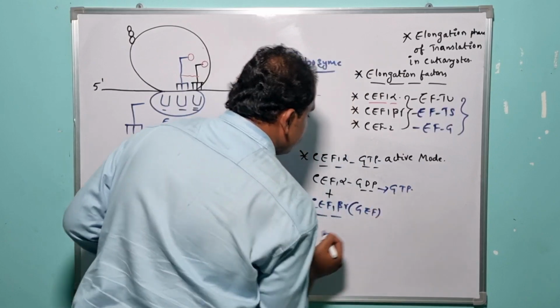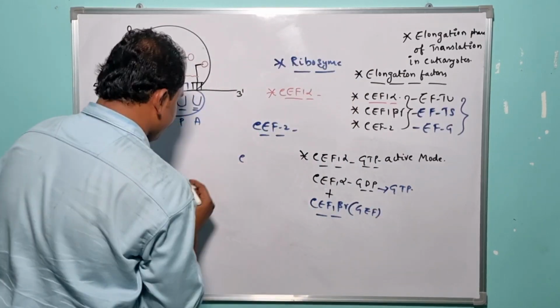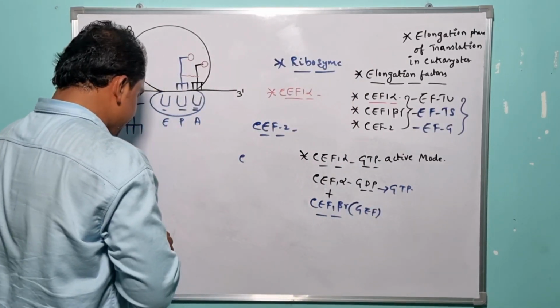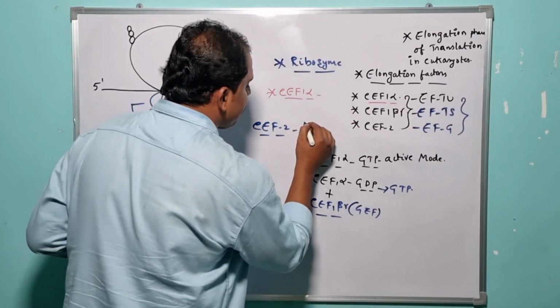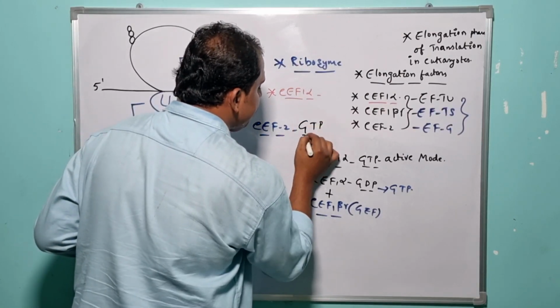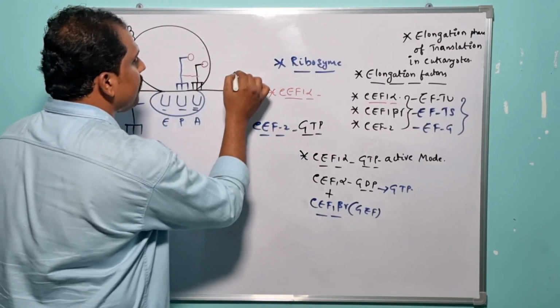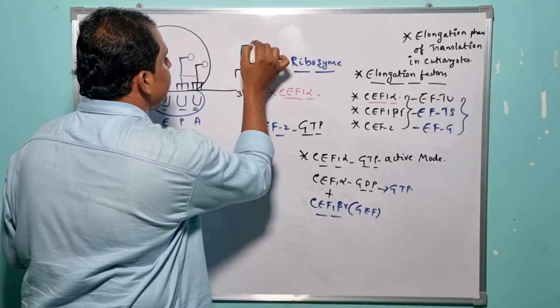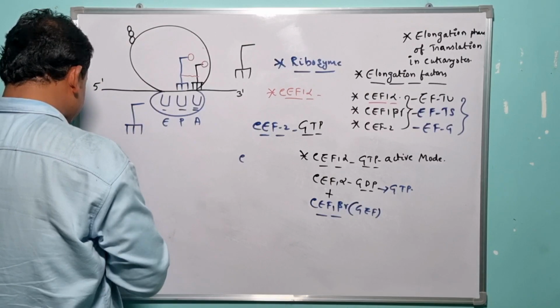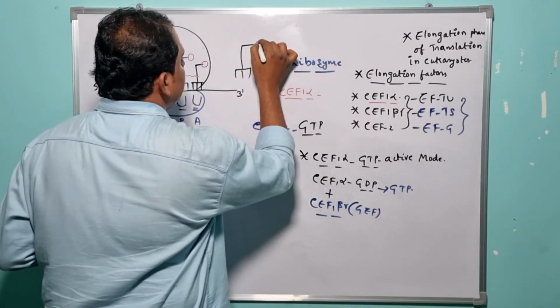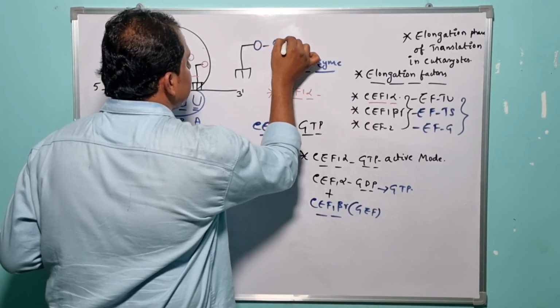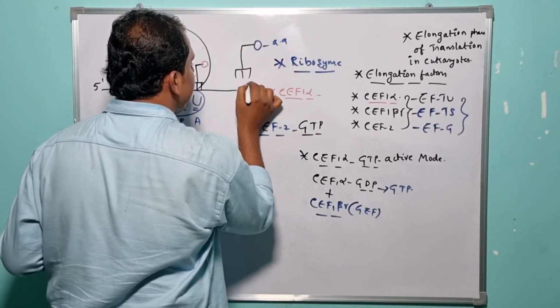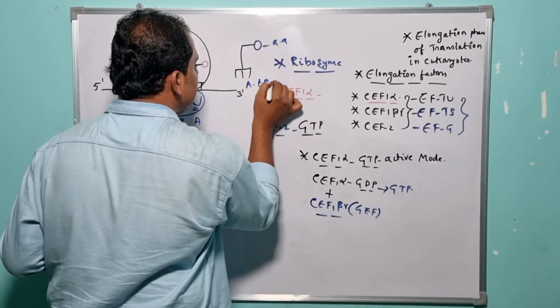GTP. Once eEF1 alpha acquires the GTP conformation, again it is capable of recruiting the amino acid tRNA with its encoding amino acid to the A site of the ribosome, right?